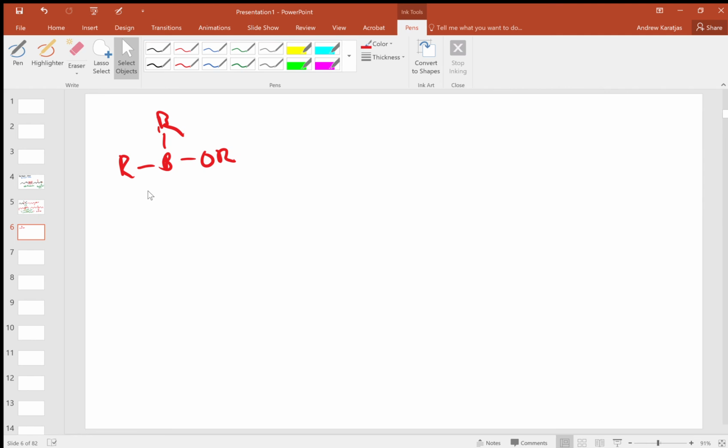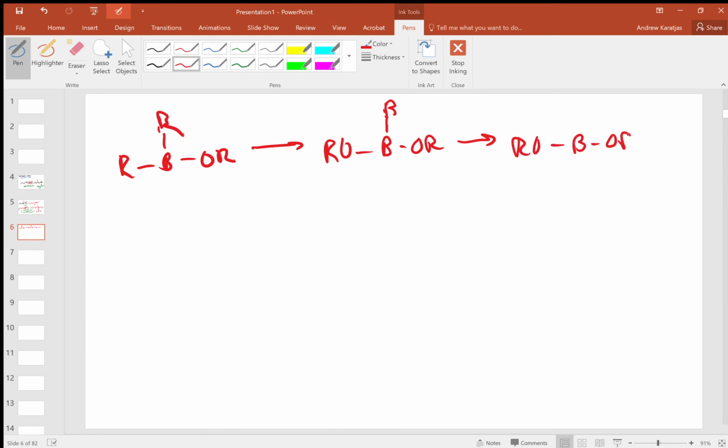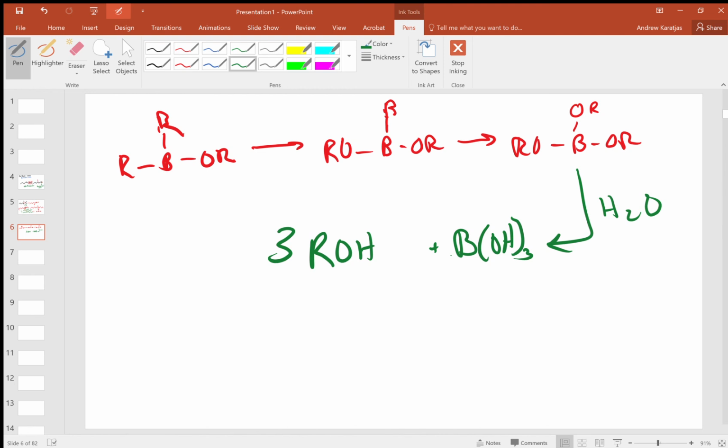And as you may have guessed, since we've got two more R groups, this process can repeat 2 additional times, to give this intermediate, and then this intermediate basically falls apart in the presence of water to give us a boron byproduct plus 3 equivalents of the alcohol.